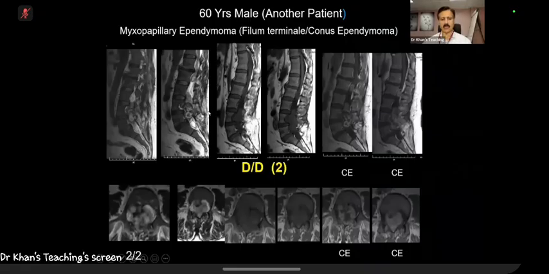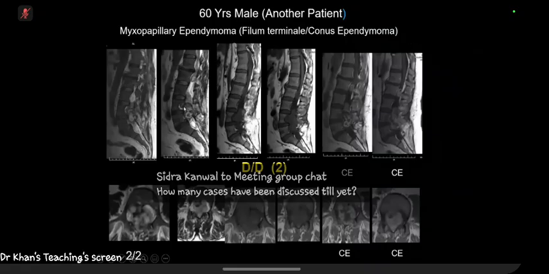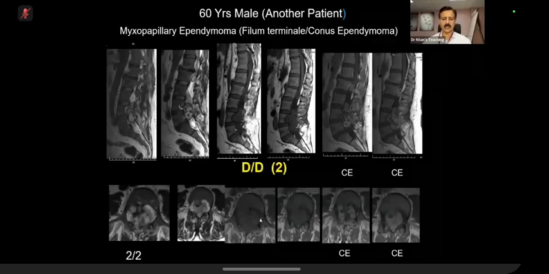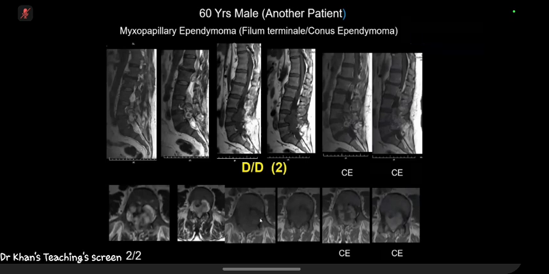And one of the key findings is that you can see this hemosiderin, which is low in signal intensity on T2 weighted sequence. So that's the point to remember, that ependymomas quite often have hemorrhage. And this hemorrhage is what we call chronic hemorrhage, which is low in signal intensity on T2 weighted sequence.